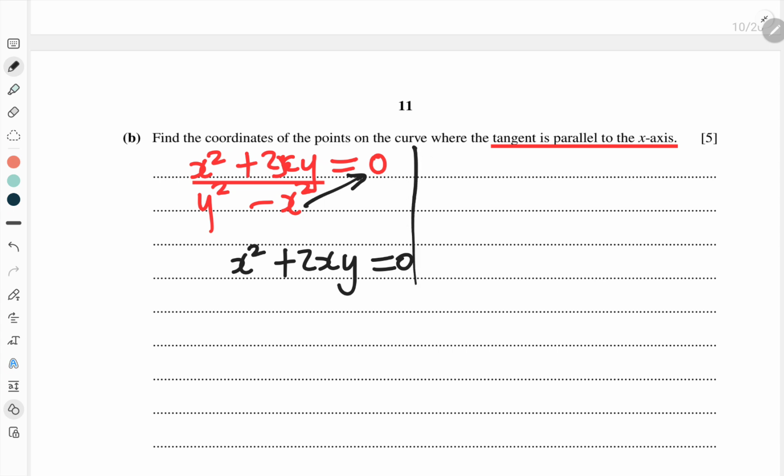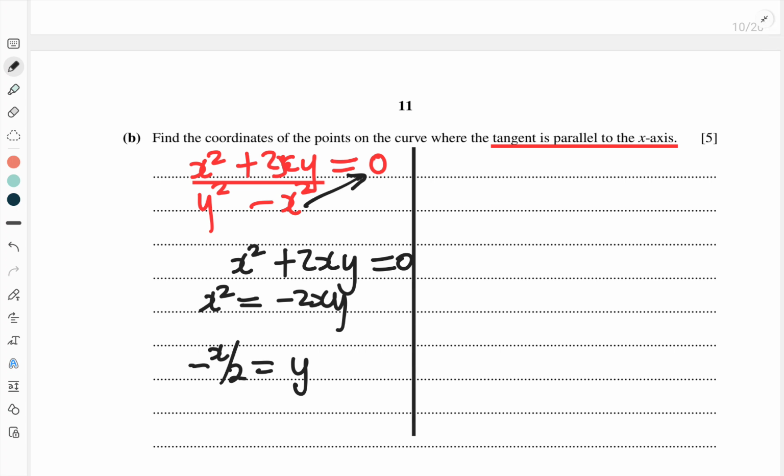And then we can say x squared is equivalent to -2xy, which can end up being y is -x over 2. This is not a coordinate, but this is something that can help us come up with the required coordinates where our tangent is parallel to the x-axis.